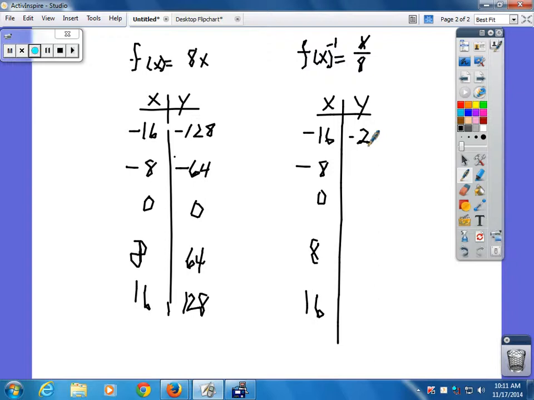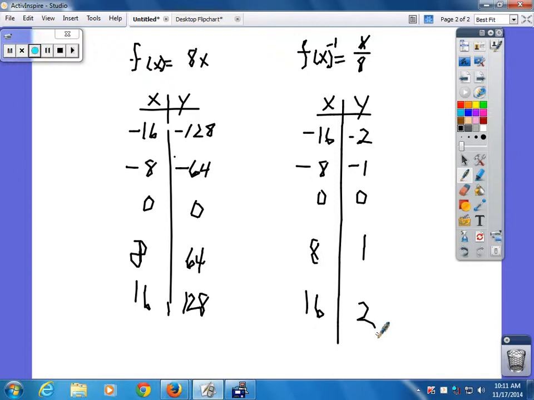Negative 8 divided by 8, negative 1, 0, 1, and 2. And what you see is a very steep line right here because you've got bigger numbers. And here you've got a very shallow, or not steep, line right here. So that's the inverse of this.